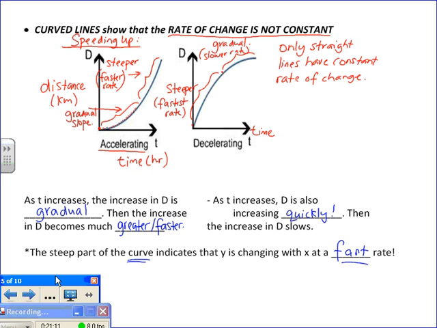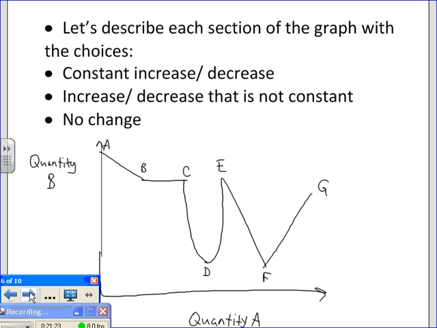Let's have a look and now put some of this knowledge to use and follow a graph where we have some changes from curves to straight lines to horizontal lines. So let's look at the next example in our notes. It asks us to describe each section of the graph, and we have to use the following choices. Either a constant increase or a constant decrease.